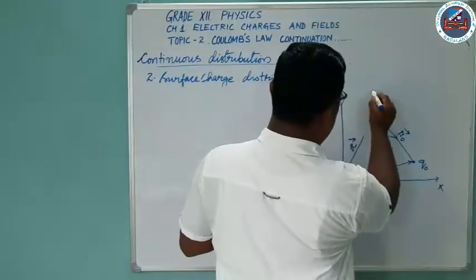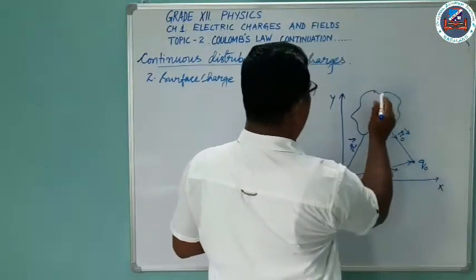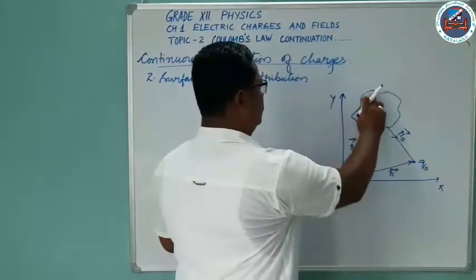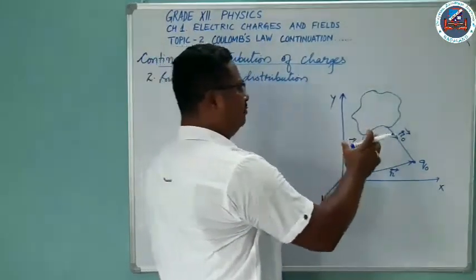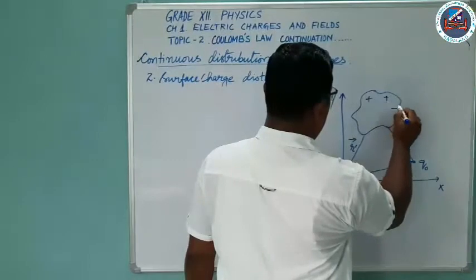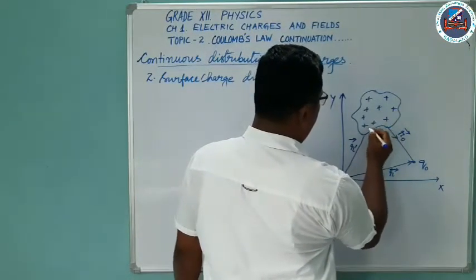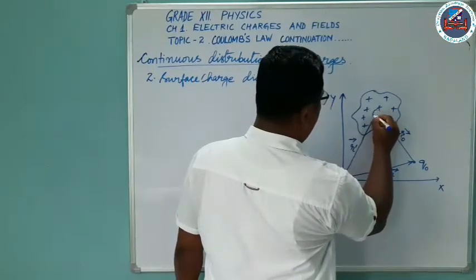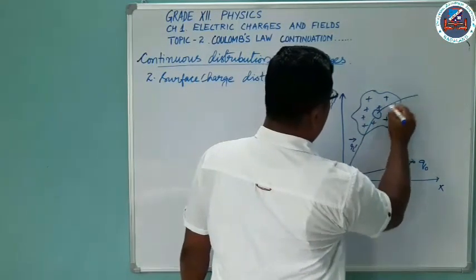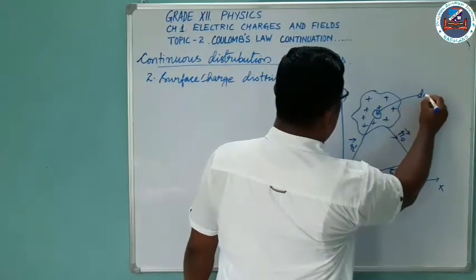Suppose the sheet is like this, a plain tin sheet or an aluminum foil. Here the charges are on the surface. First we'll take a small surface, let us write this as ds.